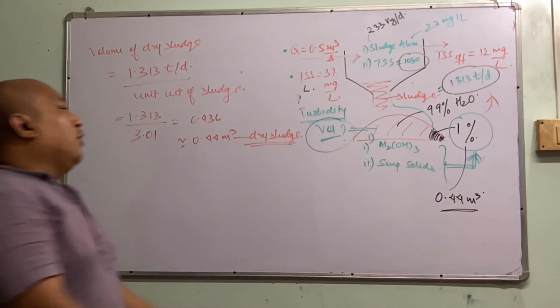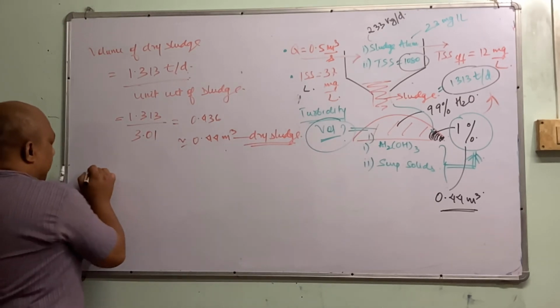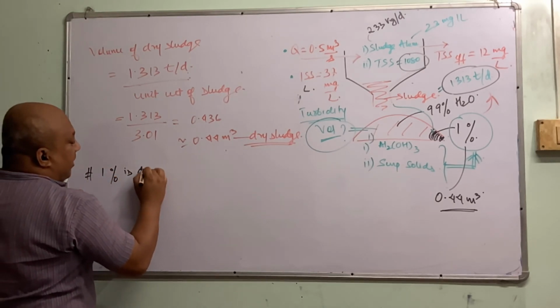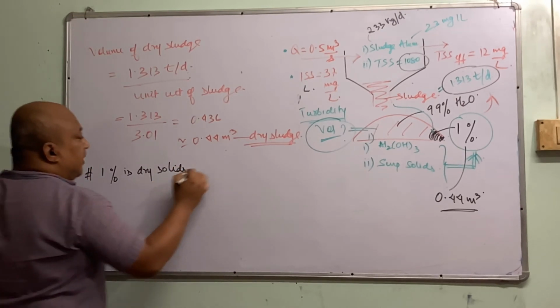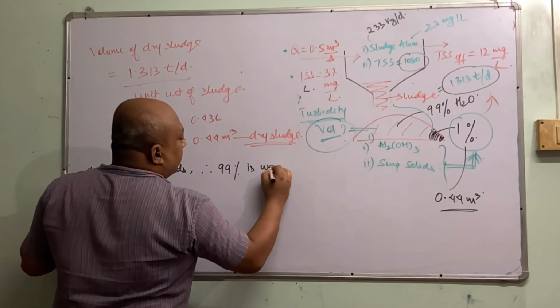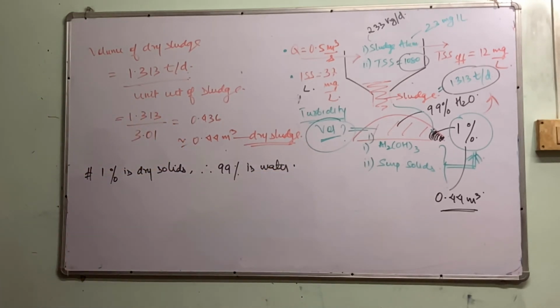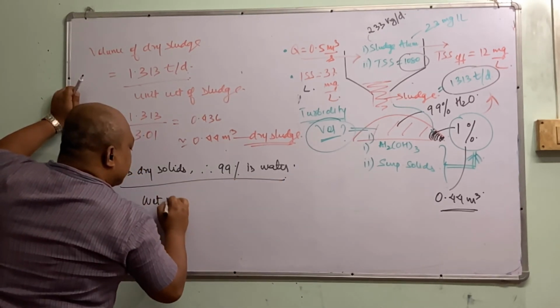Now we say it is 1%. Since it is 1%, can I say like this? 1% is dry solids, therefore 99% is water, correct? Combined, this is going to give wet sludge.